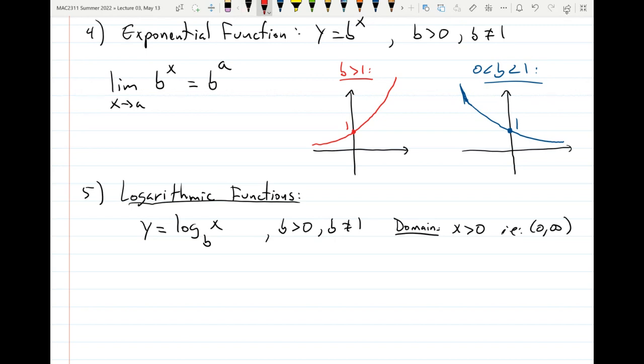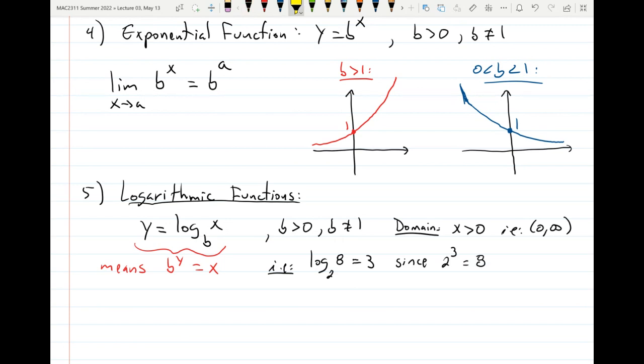And if you don't remember the definition well, this means that if you do b to the y, then we get x. In other words, log base 2 of 8 is equal to 3, since 2 to the 3 is equal to 8.